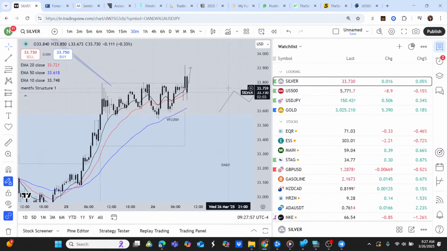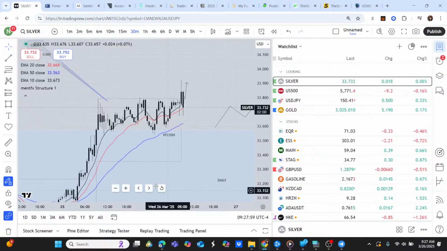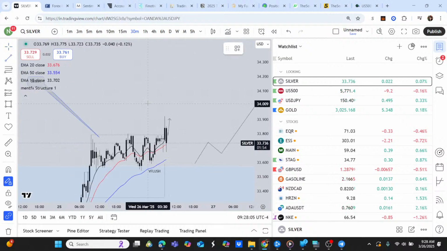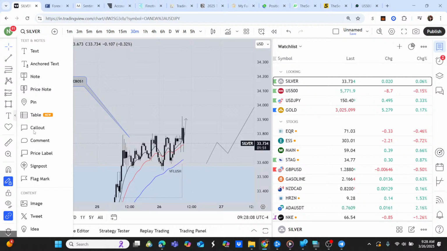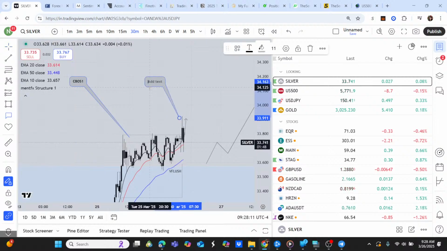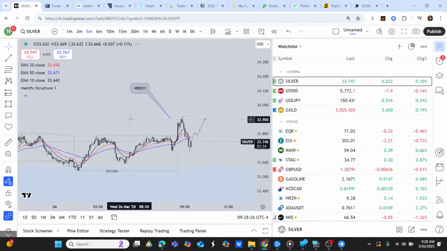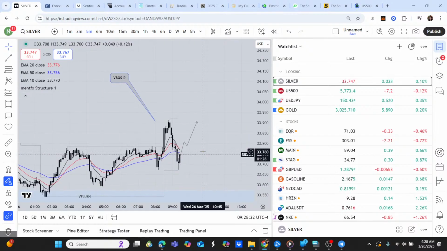Okay, I think silver might just do something. This is the flush. Yeah, silver looks very good. Starting to set up.